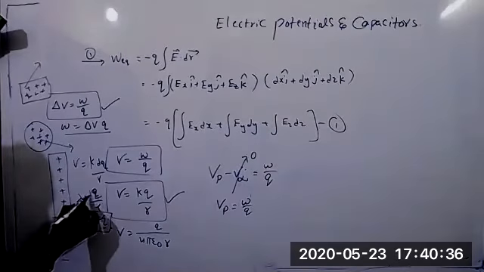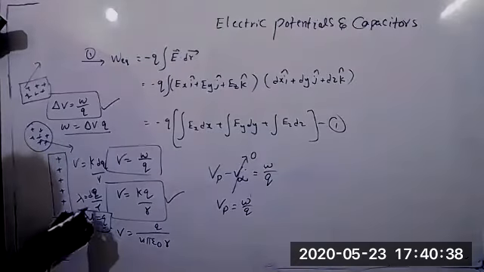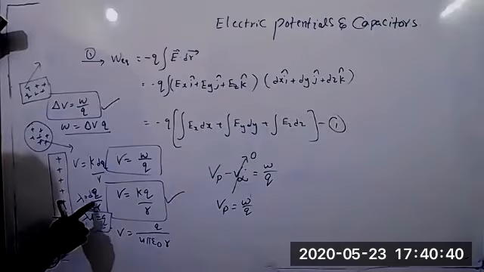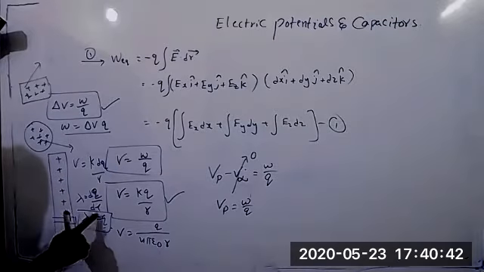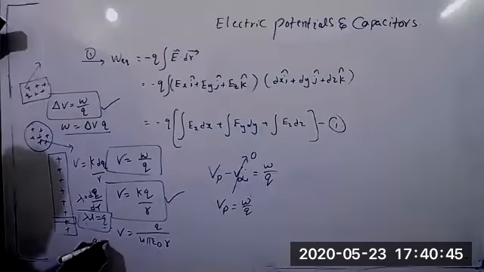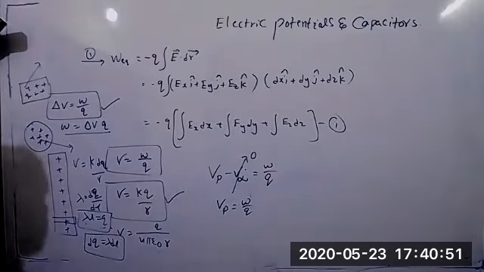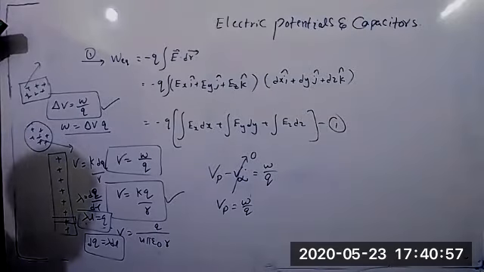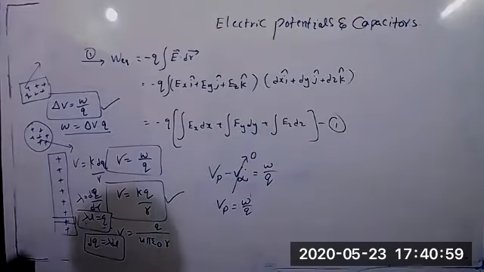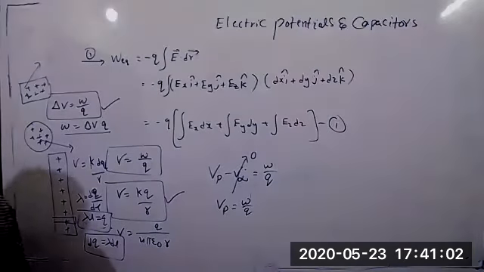If you take a small charge, that small charge will be present in a small length. So that time dq equals lambda dl. That's all. So if you don't know anything about that body, how many charges are present, we can also find out by using surface charge density, linear charge density, and volume charge density. Remember, very important.